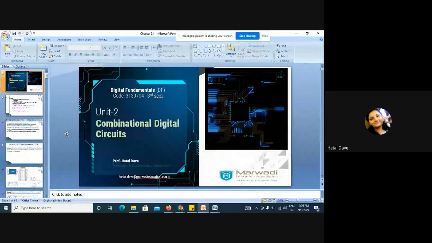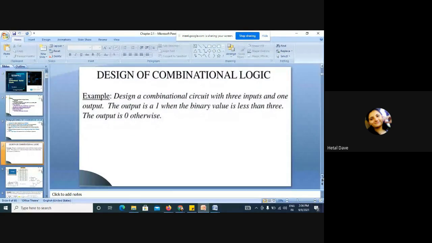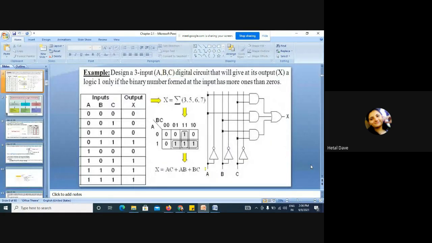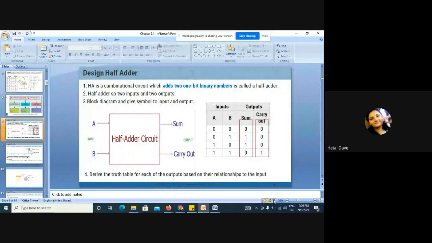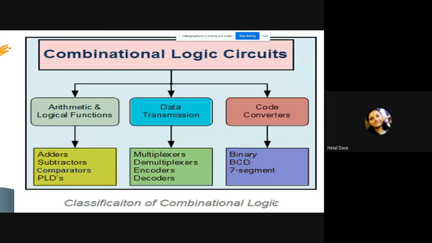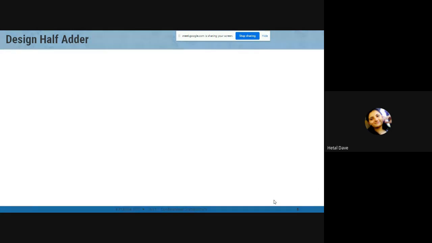So first of all, we will try to understand what is the meaning of half adder and full adder. Now can anyone give me the reply? What is the meaning of adder? And which kind of circuit can it be used?